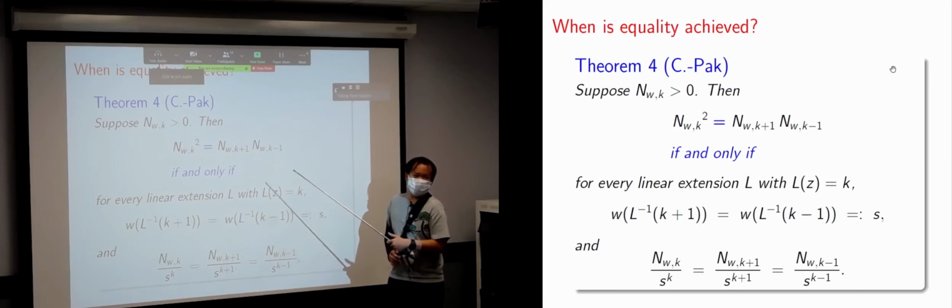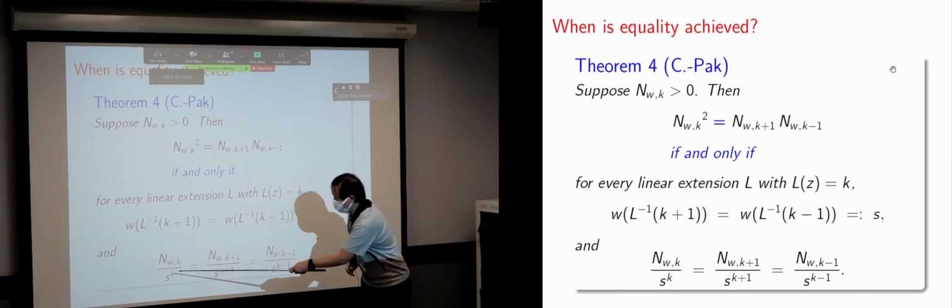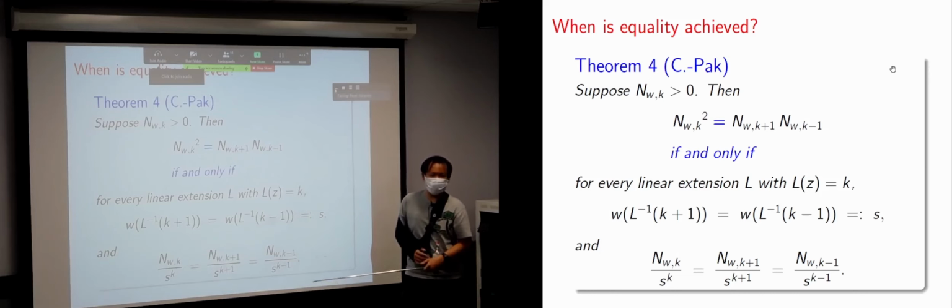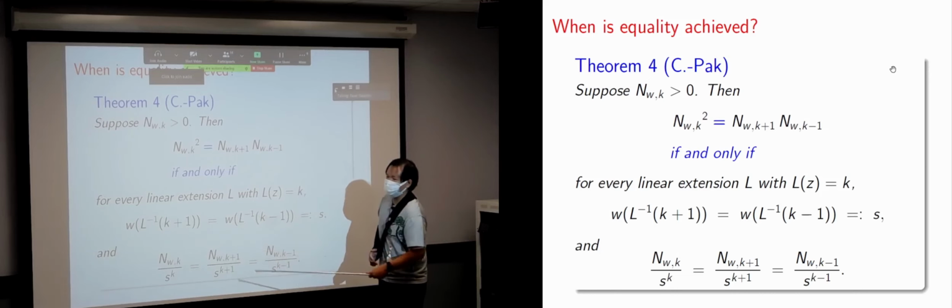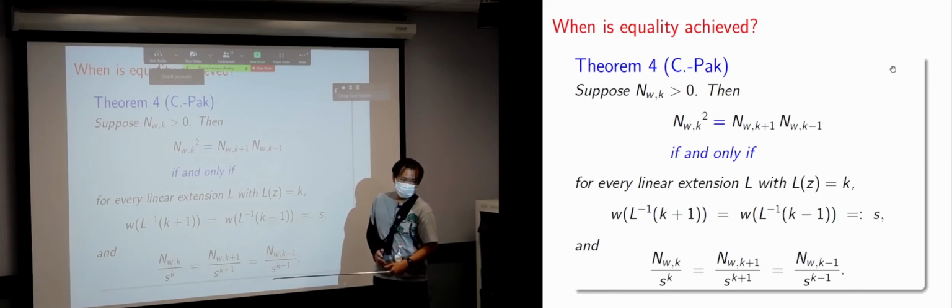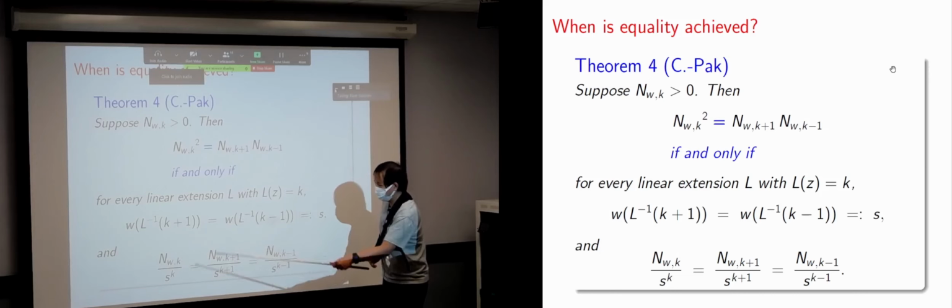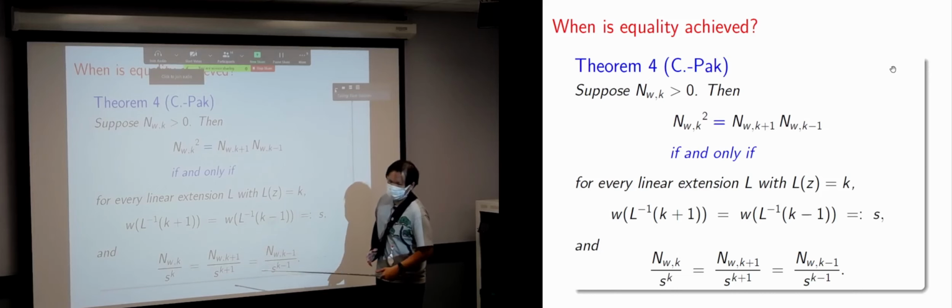In the case when the weight is uniformly 1, which is the case for the original Stanley, this s becomes 1, and we recover the result of Shenfeld and van Handel. And of course, just like before, there's a question about whether this condition is a combinatorial condition. The answer is yes. There's also a combinatorial condition that I omit here to save space.